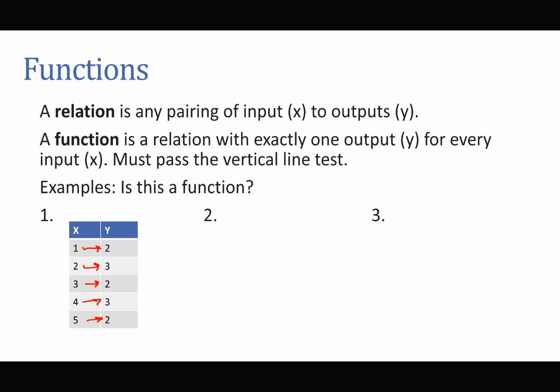That's all good. If there was another line here that said 5, comma 3, then that's saying that sometimes 5 goes to 3 and sometimes 5 goes to 2. That's when it would fail. But as is, yes, this is a function.